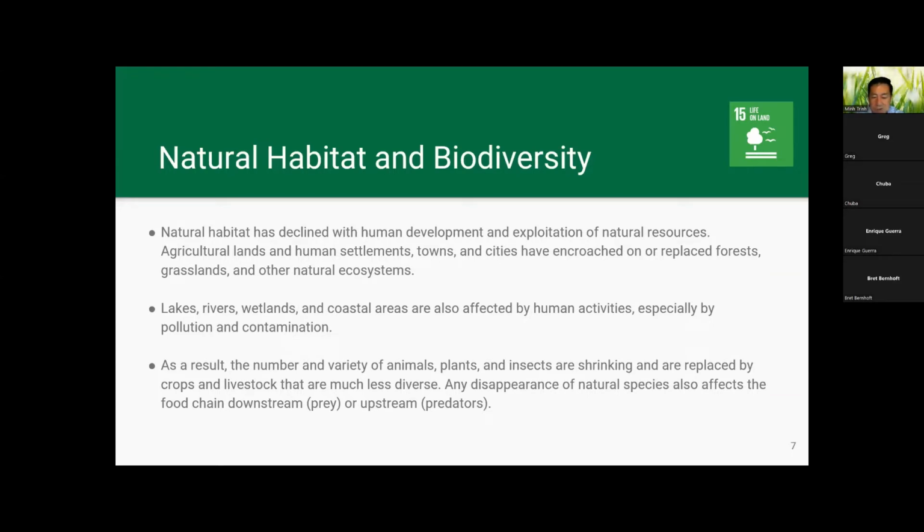As a result, biodiversity, the variety of animals, plants, and insects, is shrinking, and they're replaced by crops and livestock that are much less diverse. The disappearance of natural species sometimes has unpredictable consequences on the food chain, on prey, predators, and so on. All these species disappear, and we don't really know the long-term consequences.